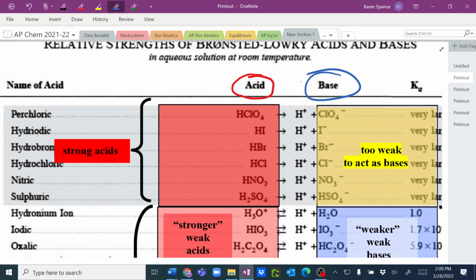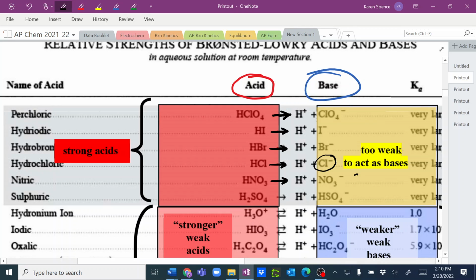As the conjugate base of a strong acid, I am too weak to behave as a base. I am unable to take a proton from anybody, yes? And that is why our arrows all go one way, right? So even though chlorine gave away its proton and became chloride, even though it's in the base column, it is too weak to act as a base.